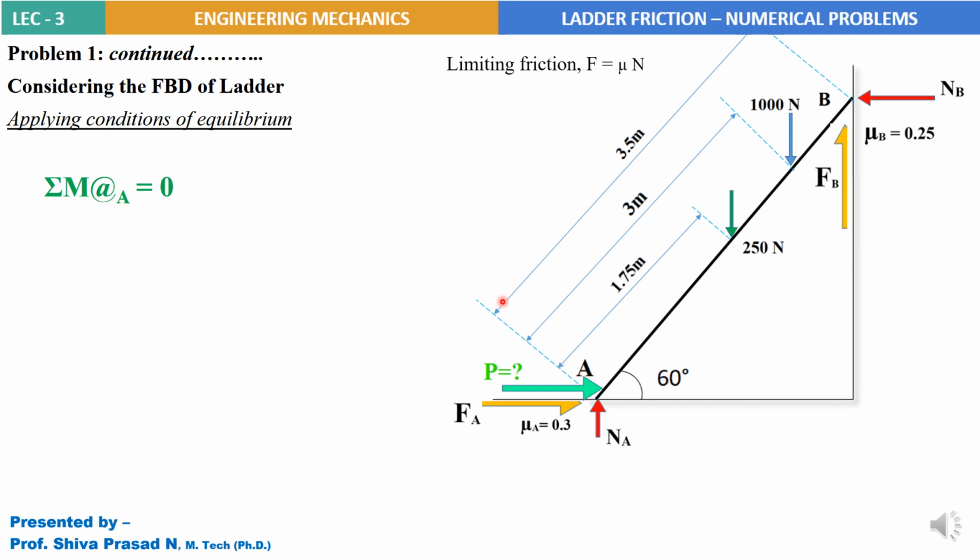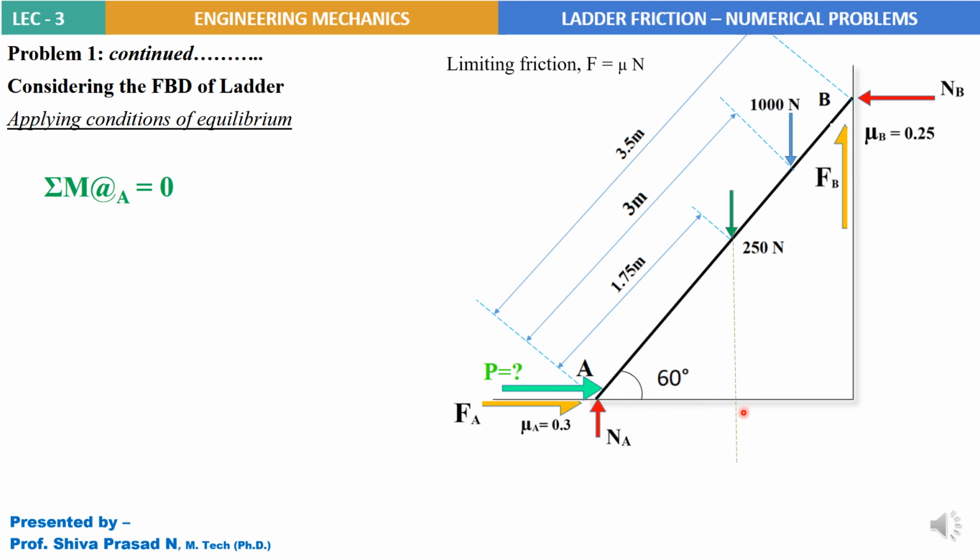So let's begin with applying the moments, for which I require the perpendicular distances of all the forces from the point A, that is the moment center. So let me begin with identifying the perpendicular distances. The first force I'll consider is the 250 Newton force. The line of action of the 250 Newton force is this, and the perpendicular distance would be from A to the line of action.